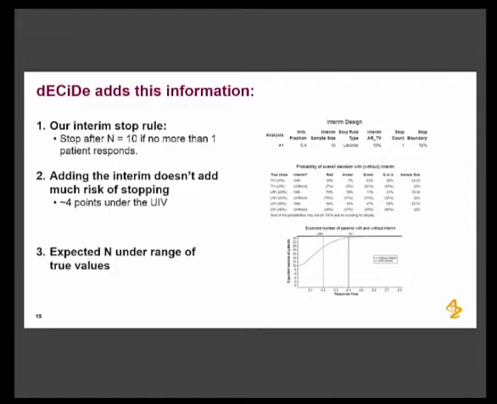Now, at this point, I'm going to point out that this is probably the difference between early and late phase when thinking about these things. If I'm doing this kind of analysis for a late phase, maybe license driving trial, then my goal is going to be to try and control that overall type 1 alpha at a particular level. 0.05 two-sided is typical.